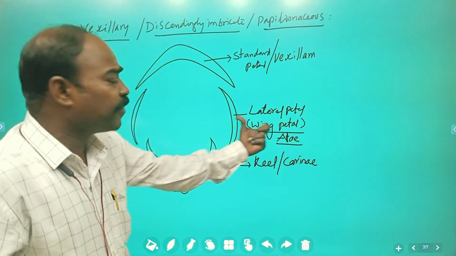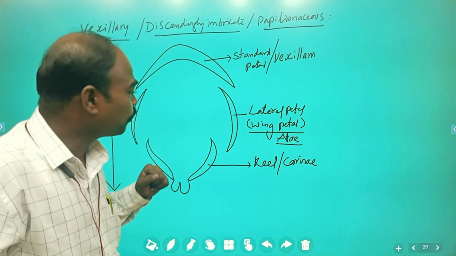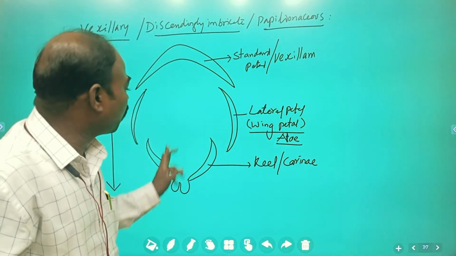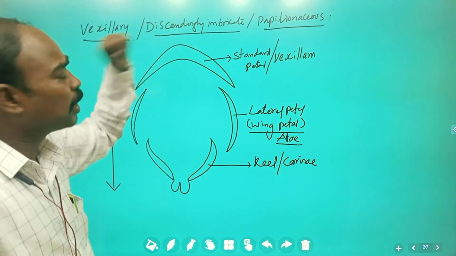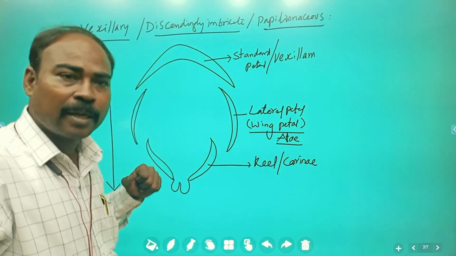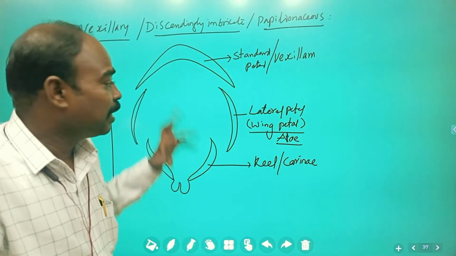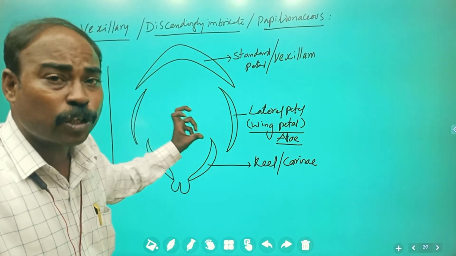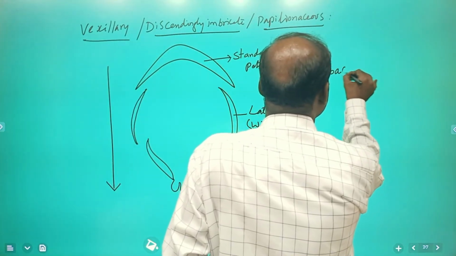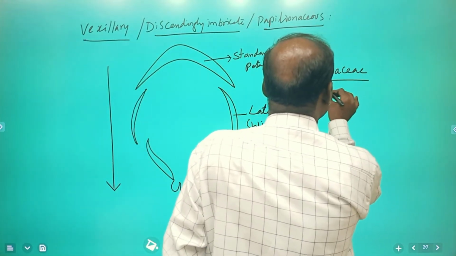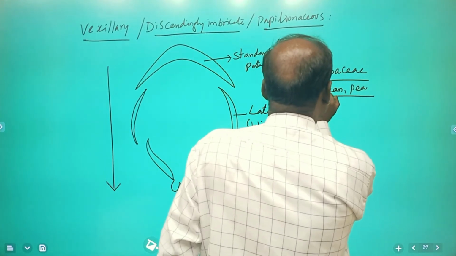The lateral petals or wing petals are alae, which are overlapped by the standard petal. Then these two overlap the two keel petals or carina. Such an arrangement is called descendingly imbricate aestivation or papilionaceous or vexillary, which is a very important characteristic feature of the Fabaceae family. Bean, peas, etc.